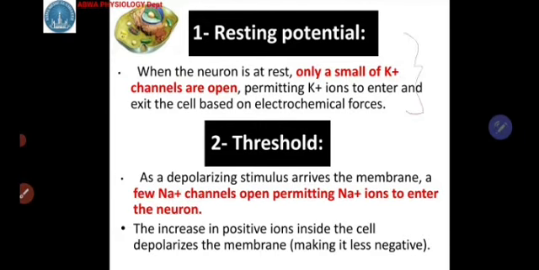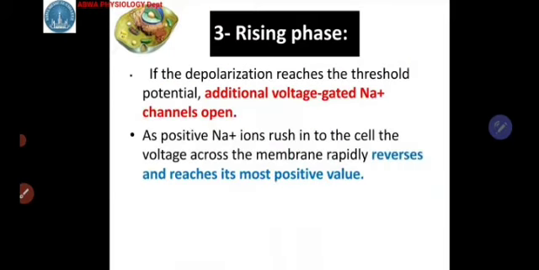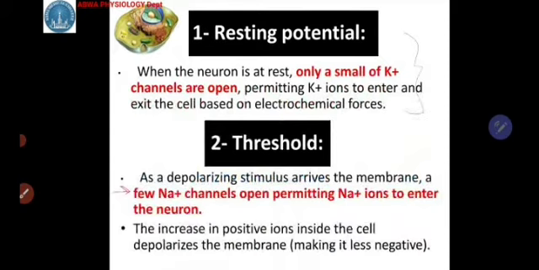Threshold: as a depolarizing stimulus arrives at the membrane, a few sodium channels open, permitting sodium ions to enter the neuron. The increase in positive ions inside the cell depolarizes the membrane, making it less negative. This is called threshold, making positivity inside the cell.